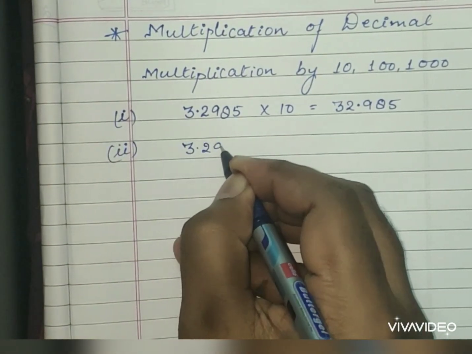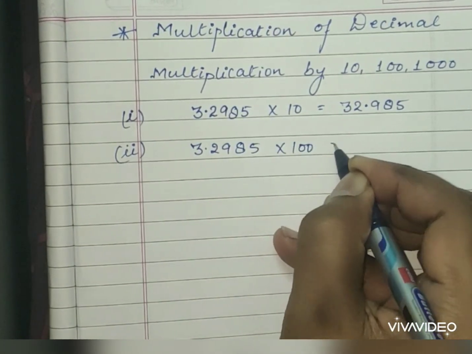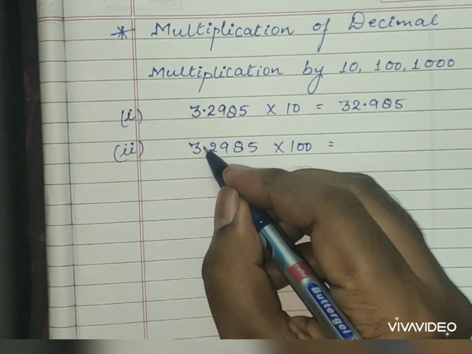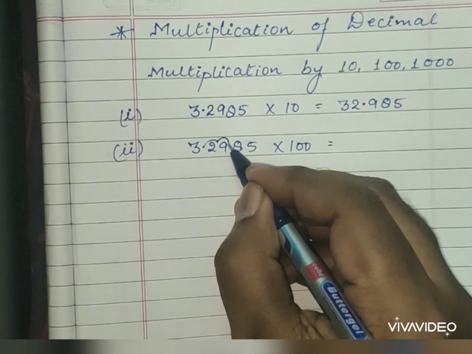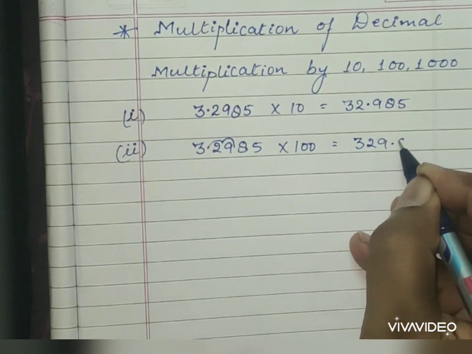Suppose you are multiplying the same number with 100. Now there are two zeros in 100, so the decimal will be shifted two places, and it will be 329.85.